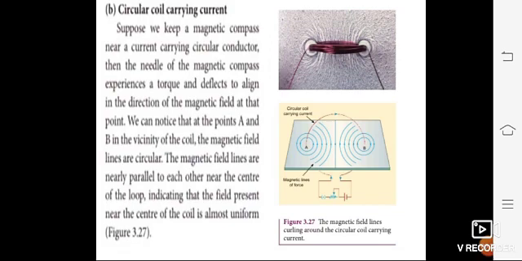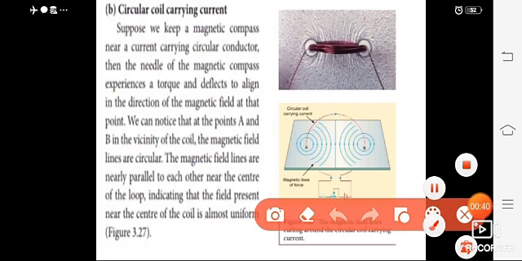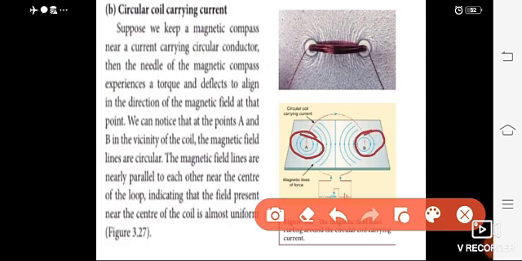We can notice that at the points A and B in the vicinity of the coil, the magnetic field lines are circular. In this diagram, you can notice that at the points A and B the magnetic lines are circular. Then the magnetic field lines are nearly parallel to each other near the center of the loop. Here at the center, you can notice that the magnetic lines are parallel to each other.